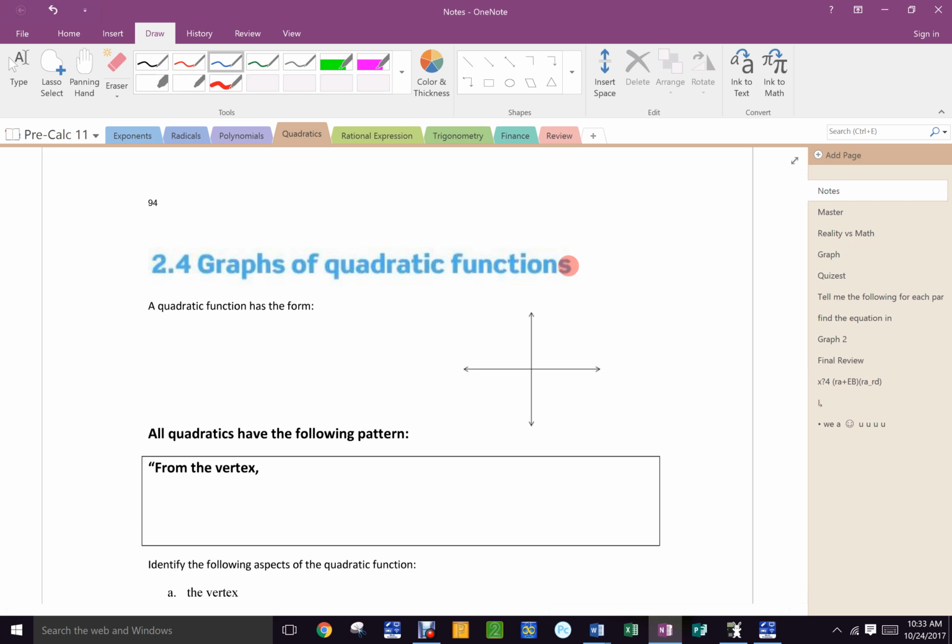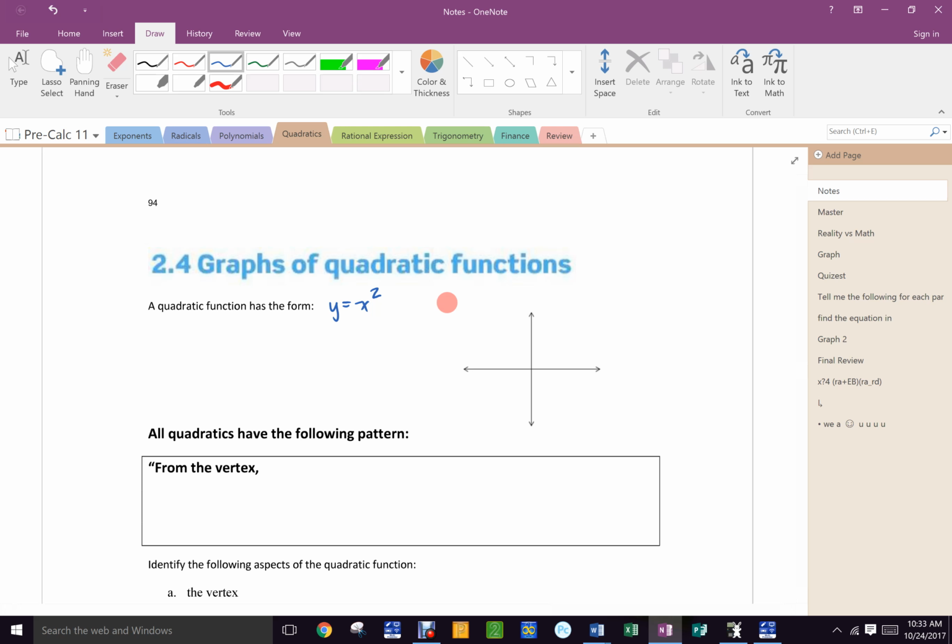Every quadratic function, every single one in the entire mathematical universe follows this pattern. Y equals x squared. Every single one. Any other numbers that are on the right-hand side of this equation just change what this curve looks like.